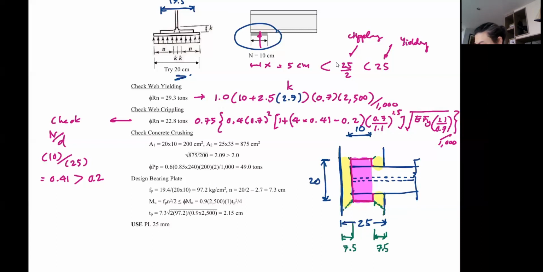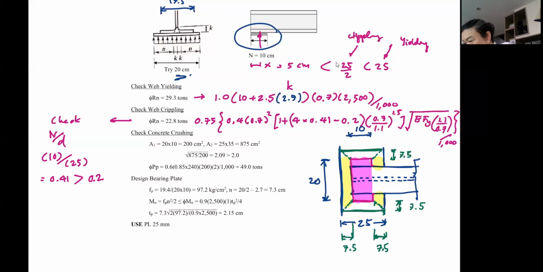So I can have this 7.5 out. That means this has to be 7.5 as well, right? If they are going to be concentric, this will go up 7.5. This too will be 7.5. So now that is going to become my A2, limited by the edge of concrete beam.